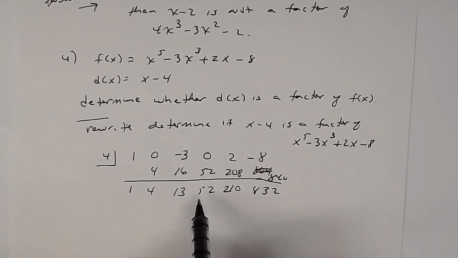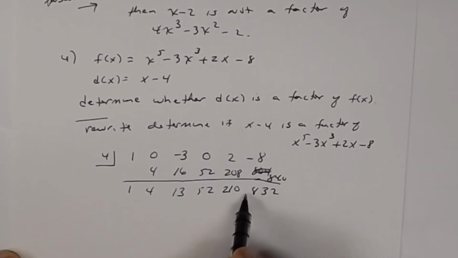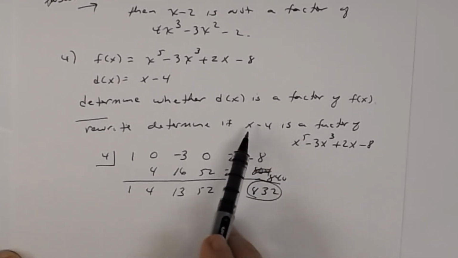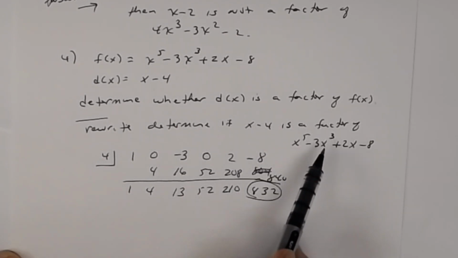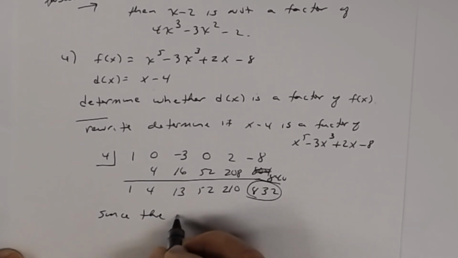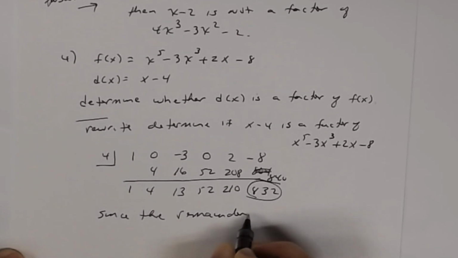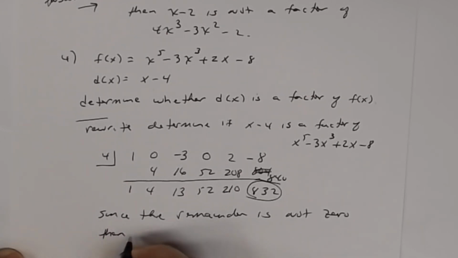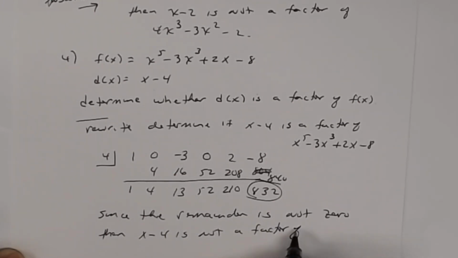Okay, so this is our remainder. So remember, if the remainder is not 0, then that means that x minus 4 is not a factor of this polynomial. All right, so since the remainder is not 0, then this means that x minus 4 is not a factor of x to the 5th minus 3x cubed plus 2x minus 8.